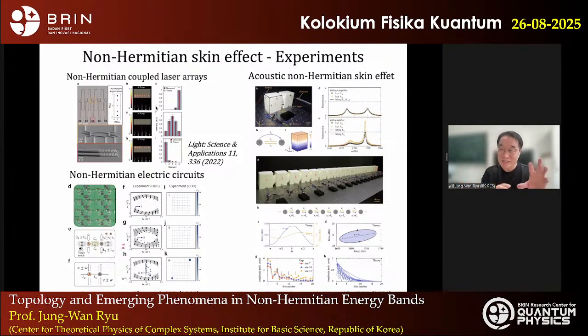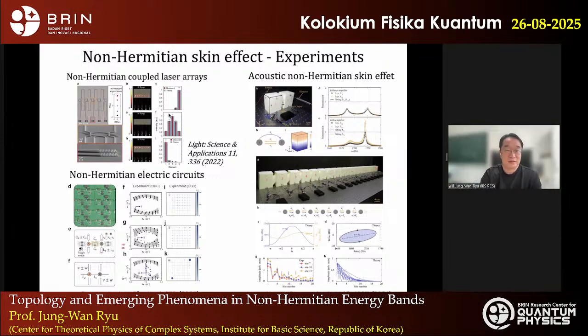But in our case, it's slightly different. The energies are different, and they make the braiding. So it's not the same as the Hermitian concept. They exchange their energy and their lifetime. So we have to study more for the application.